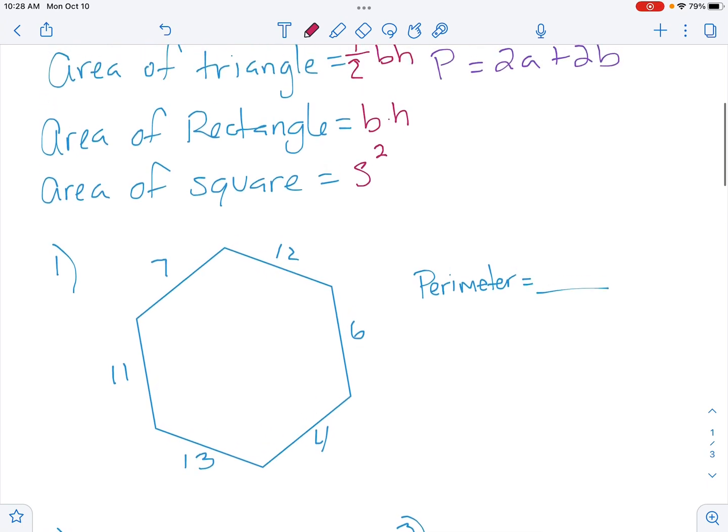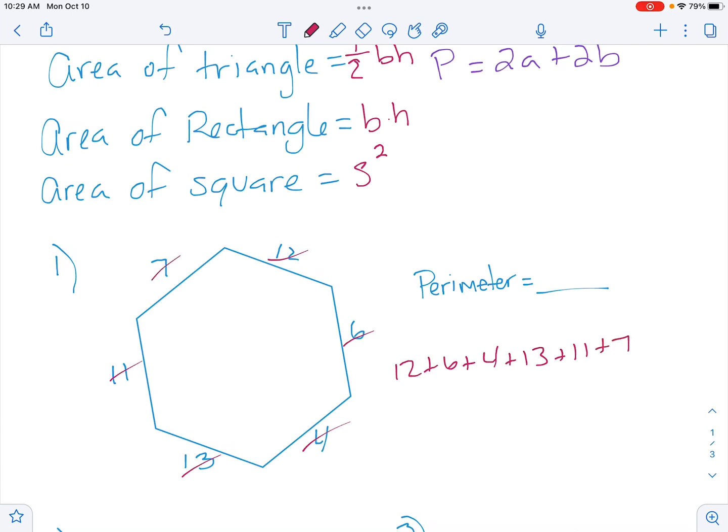So here's a lovely figure. We're going to find the perimeter, which means we're going to add all the sides together. One thing that I like to do, just to make sure that I have all of the sides and I don't leave one out, is mark them out as I go. So I have 12 plus 6 plus 4 plus 13 plus 11 plus 7.